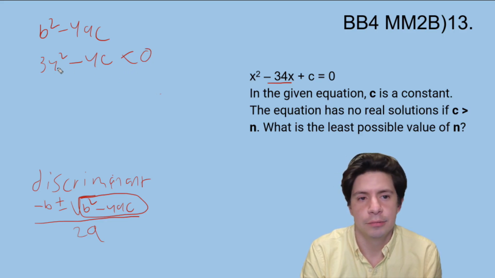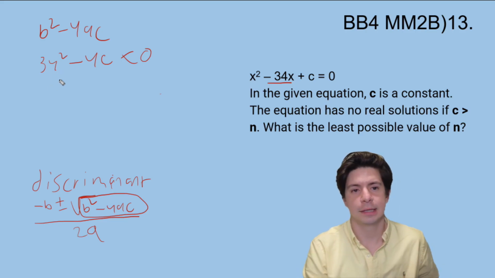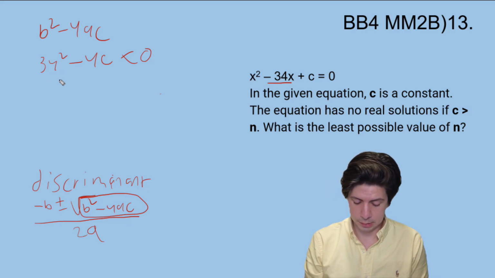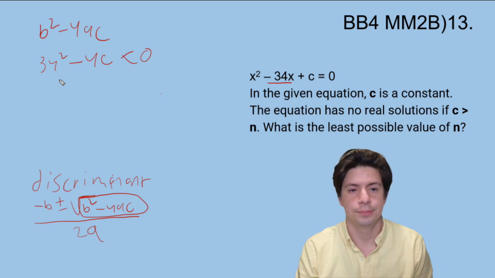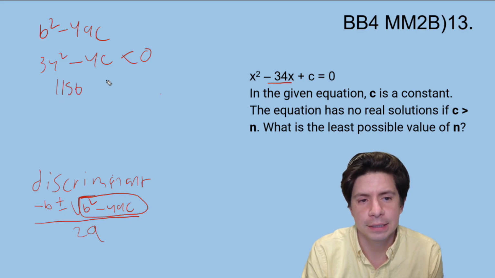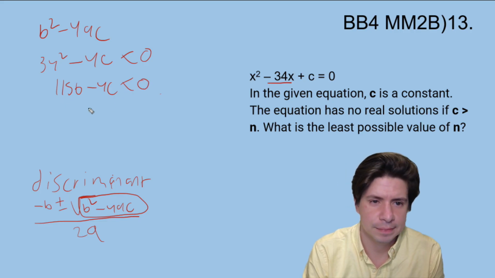So then what we're going to do is 34 times 34, and that's going to give us 1156 minus 4c, which is less than 0.